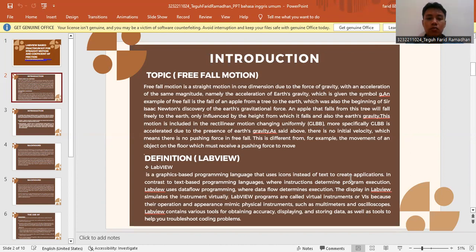In contrast to text-based programming languages, where instructions determine program execution, LabVIEW uses data flow programming, where the data flow determines execution. The display in LabVIEW simulates the instrument virtually.